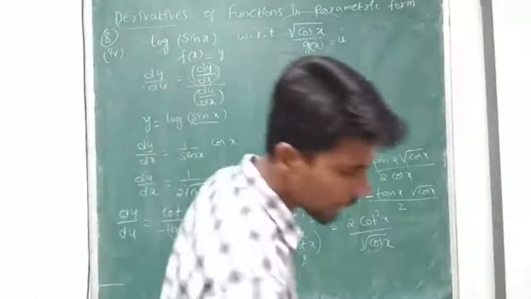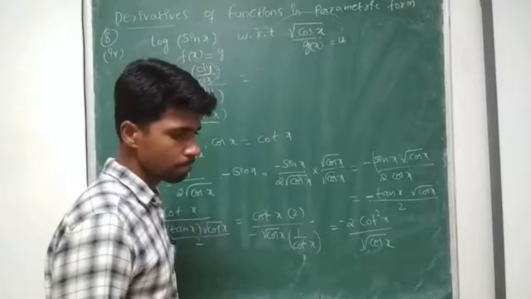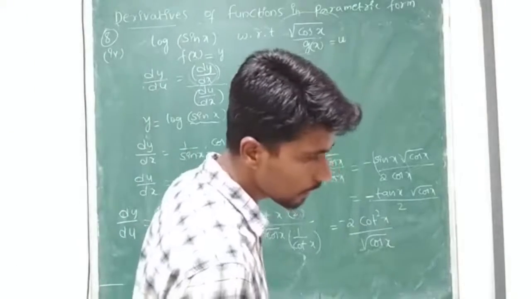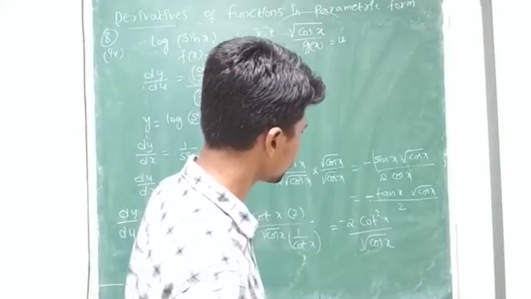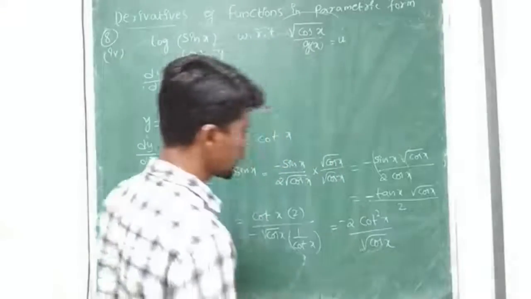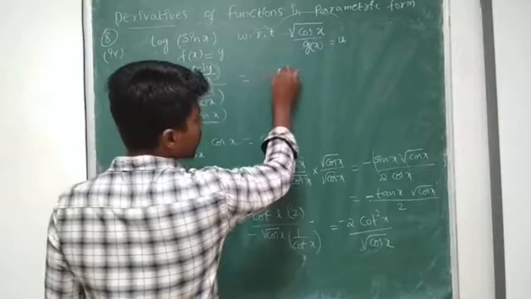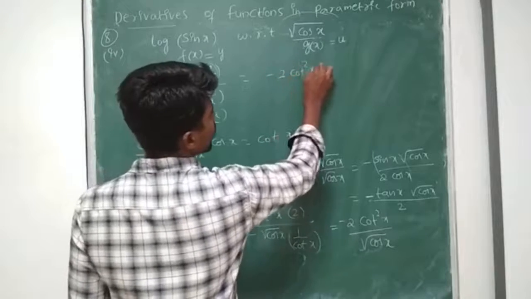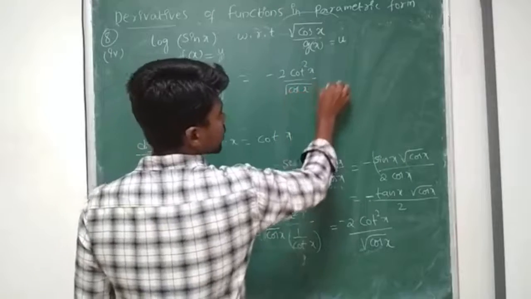The answer they have given is cot x into cosecant x. So we got it as minus 2 cot square x by root cos x.